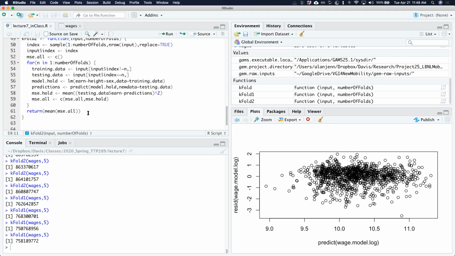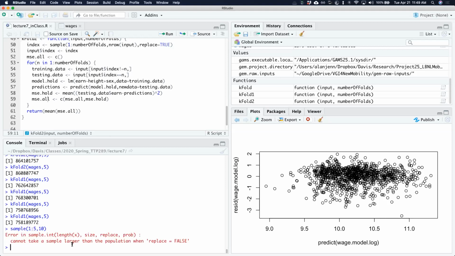Hey, Alan, I had a quick question on your coding for finding the index. What you're doing is taking a random sample, and then why did that nrow come up? Sample 1 to 5 is essentially what I'm doing. If I have 10, I have to do replace equals TRUE.